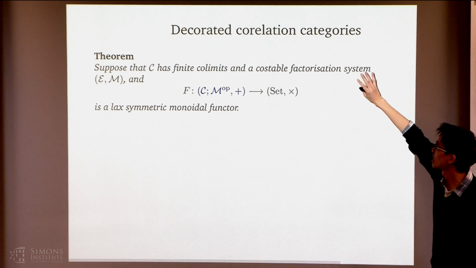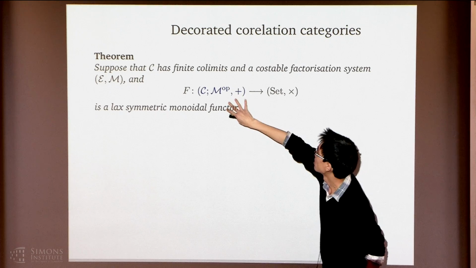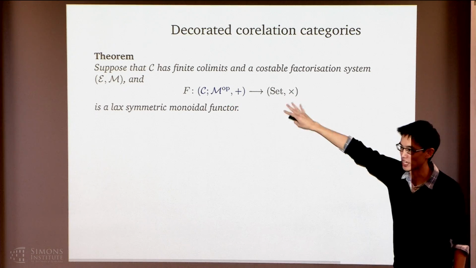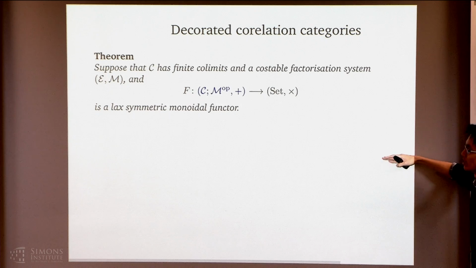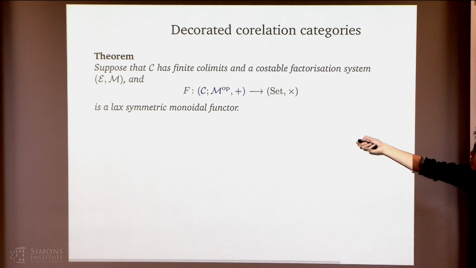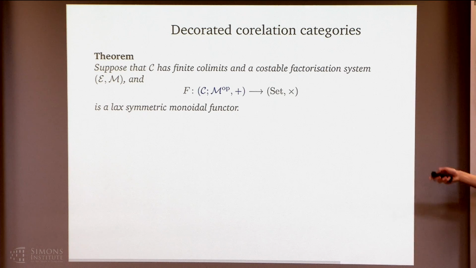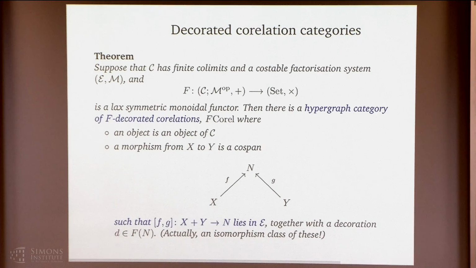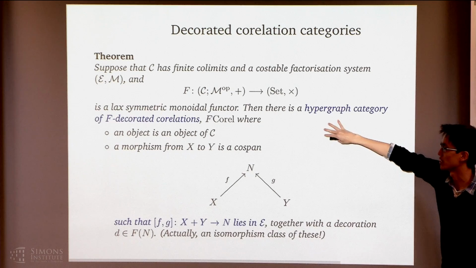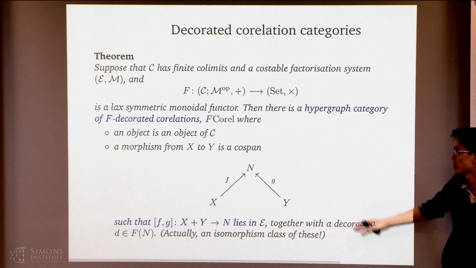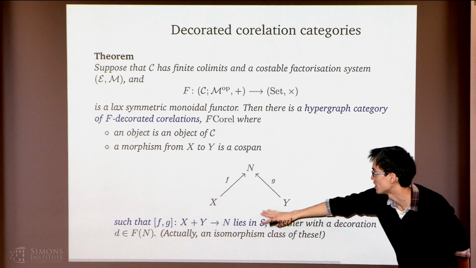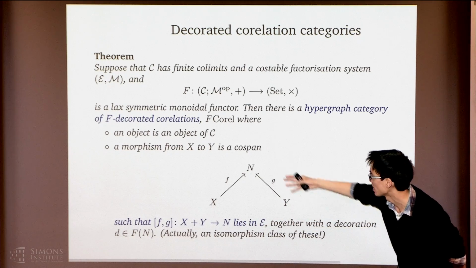Now, to construct decorated cospans, we used a functor from C to Set, because all we were interested in doing was pushing decorations along maps in C. But now we have this slightly more general category here, and a functor from C composed with M. And the main theorem then is this: in exactly the same way, we now get a hypergraph category, in particular a hypergraph category of decorated correlations, where the objects are the objects of C, and the morphisms are decorated cospans subject to the constraint that these cospans are what we saw as jointly epic onto the image.